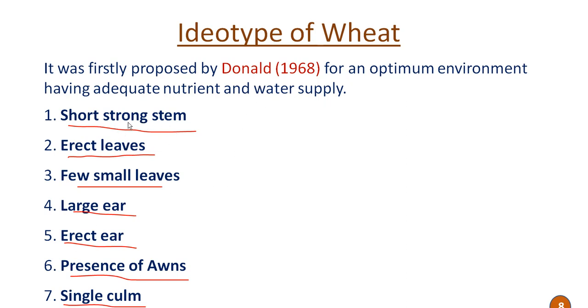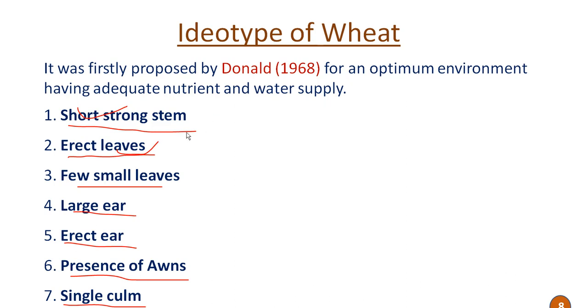The short strong stem reduces the risk of lodging and the amount of photosynthate invested in stem production. Then erect leaves: nearly vertical leaves permit illumination of a greater area of leaf surface than long or horizontally drooping leaves.